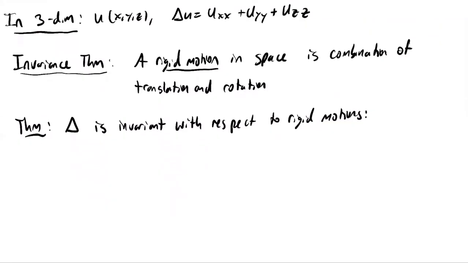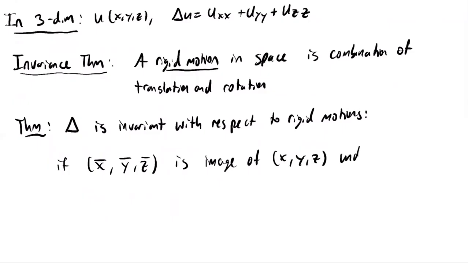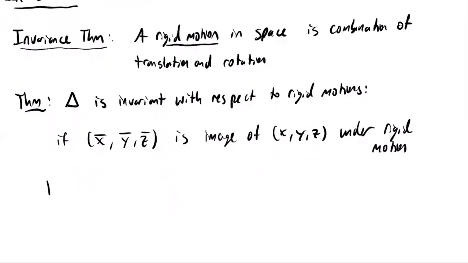Right, so in the following sense: if, say, x bar, y bar, and z bar is the image of the standard coordinates under a rigid motion, meaning a translation or rotation or some combination of the two, then we have a similar formula.